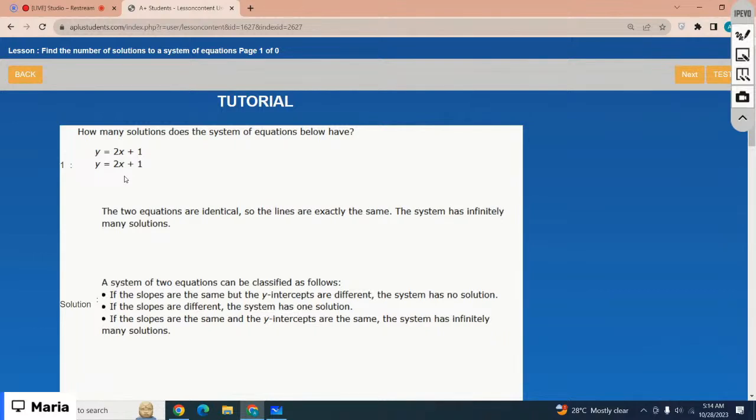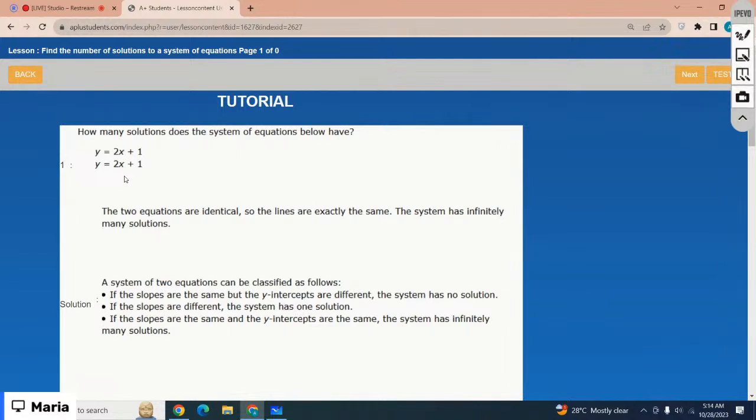If the slopes are same and the y-intercepts are same, the system has infinitely many solutions. These are very important points. So if the slopes are same and the y-intercepts are different, the system has no solution. If the slope and y-intercept are both same, the system has infinitely many solutions. And if the slopes are different, the system has one solution, right?